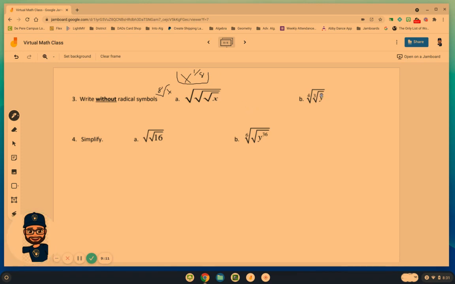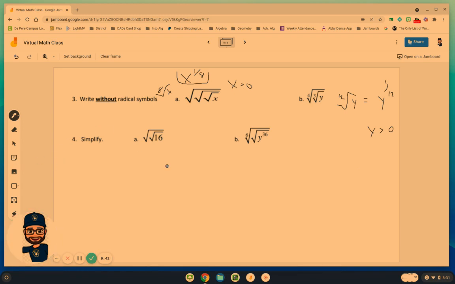Letter B, if I'm looking for the 4th root of the 3rd root, that means I'm looking for the 12th root of y, but without a radical sign means y to the 1/12. Now again, as long as x is greater than 0, it's got to be positive, and as long as y is greater than 0.